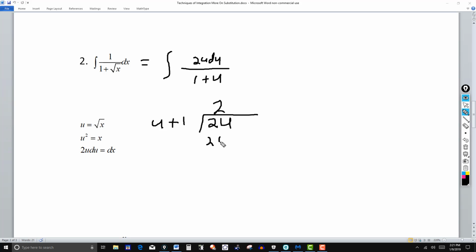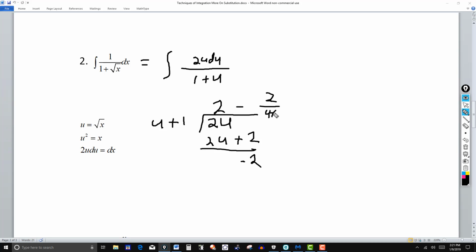Subtract here, so these cancel out. This gives me a minus 2. And now I have to stop there because the degree of the remainder is less than the degree of the divisor. So I can write this as 2 minus 2 over u plus 1.